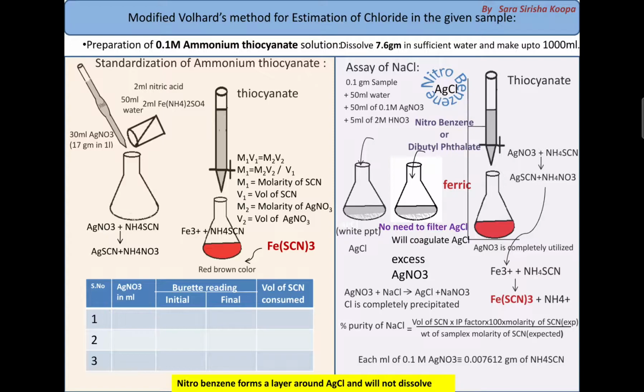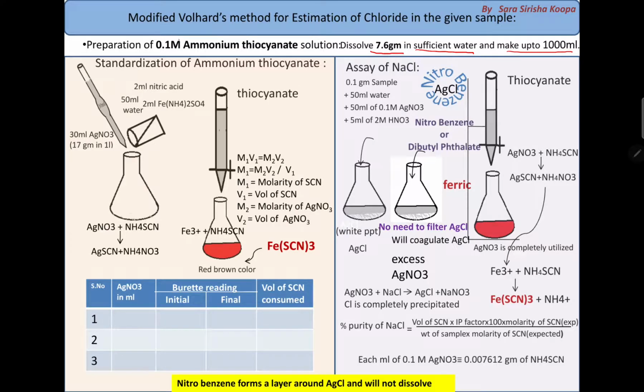Now, to proceed with the method, Volhard's method, we have to standardize the prepared ammonium thiocyanate. 0.1 molar ammonium thiocyanate was prepared by weighing 7.6 grams of ammonium thiocyanate, dissolving it in sufficient water and making up to 1000 ml.